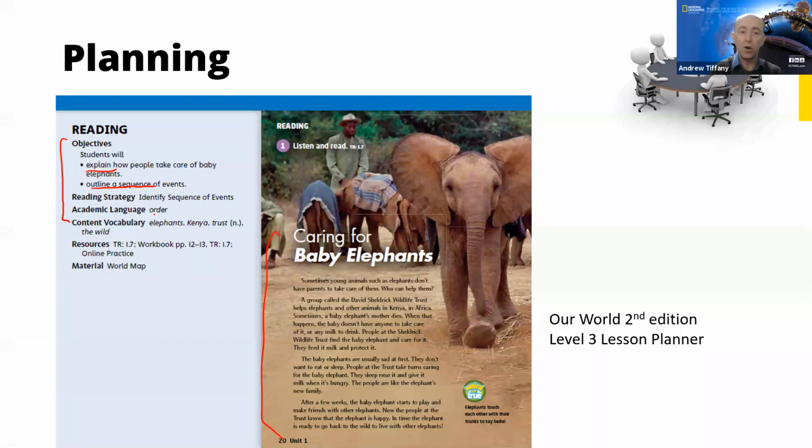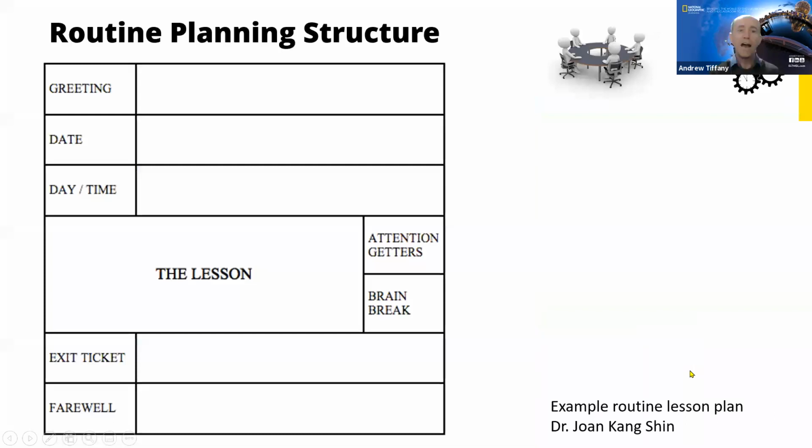So we want to be able to know that, and we want to know how to use the word order as an academic vocabulary item, right? As well as we've got some content vocabulary about elephants, Kenya, the wild, trust, et cetera. So these are the things I want to cover in this. And if I didn't plan, it might be easy to miss 1 or 2 of these things. Okay, great.